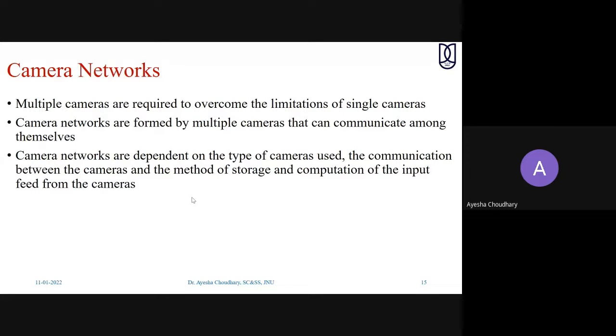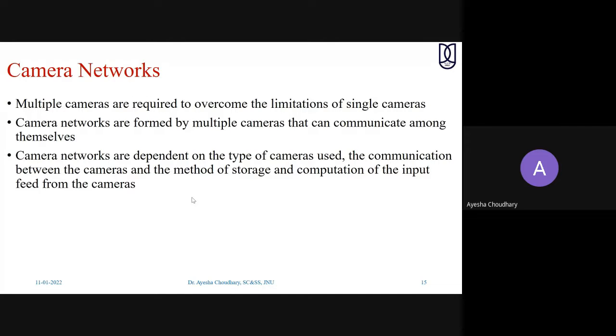And therefore camera networks are very, very important and much needed in today's world. They help overcome the limitations of a single camera. They help in the process of reconstruction. So reconstruction is the process that I just talked about initially when I talked about the pinhole camera, where you want to find out the camera matrix and then get back the information of the world from the images that we have.